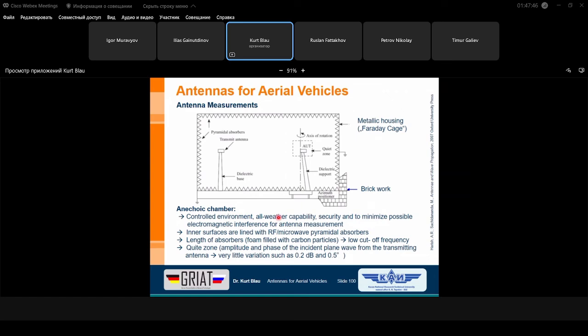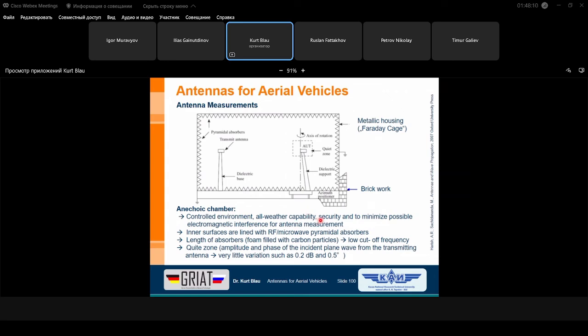Okay, as a summary, in the case of the anechoic chamber, it's very, very widely used. We have a controlled environment, which means we keep out the weather, or in other words, it's all weather capable.